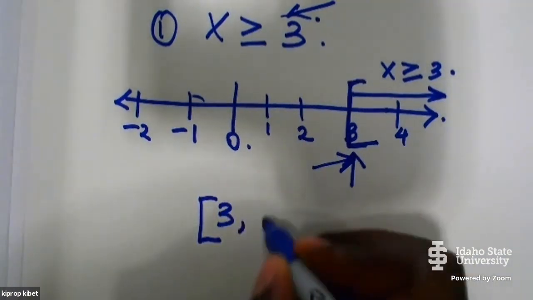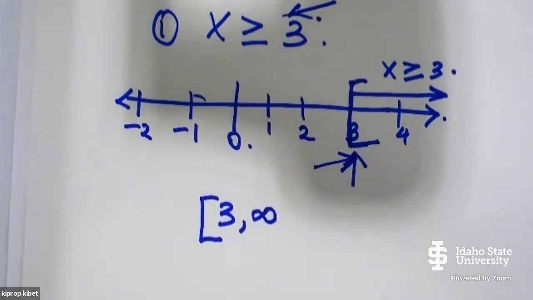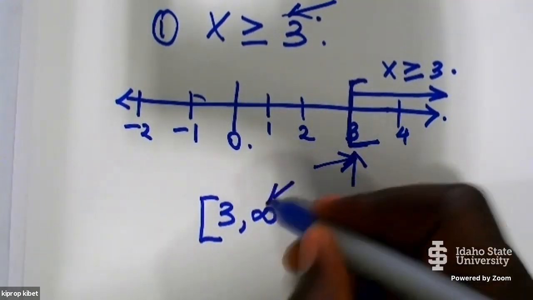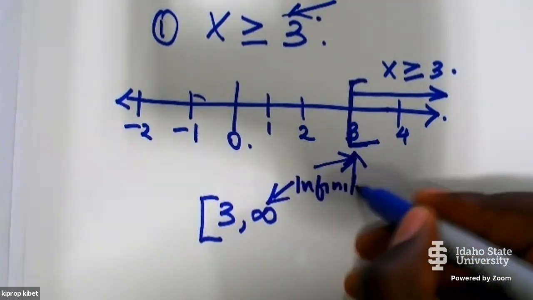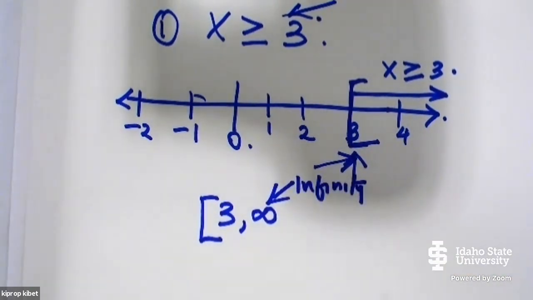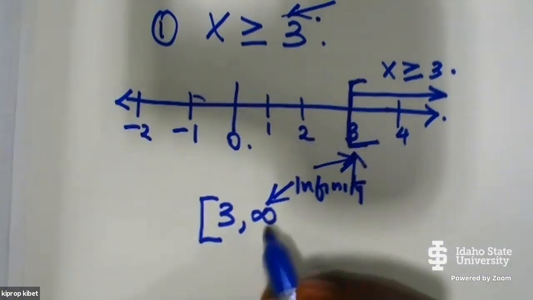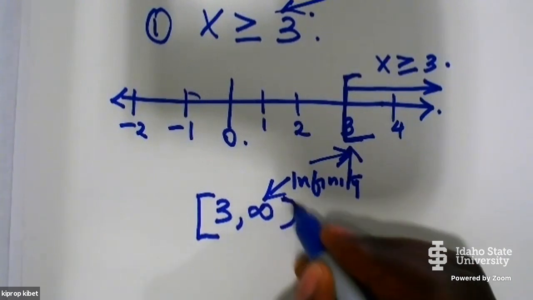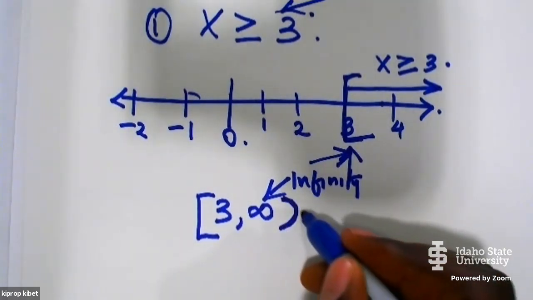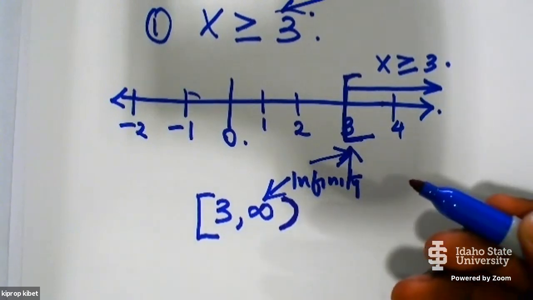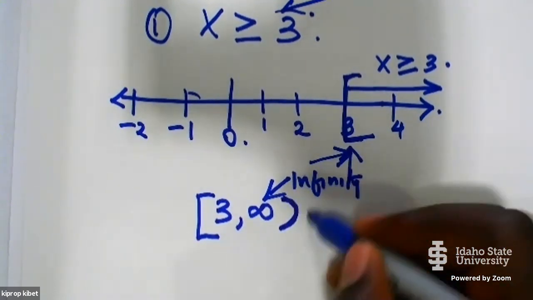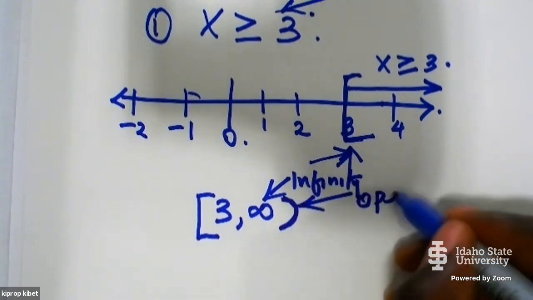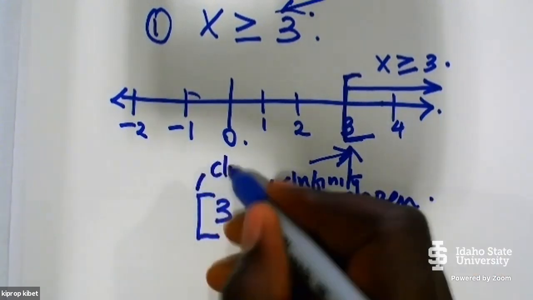So the next one is going to what? Infinity. So this is what we call the infinity. And this infinity is positive, right? So it's in the positive direction. And this infinity, we don't know the end. So that one is open. So this is also what we call open. And this one is closed.